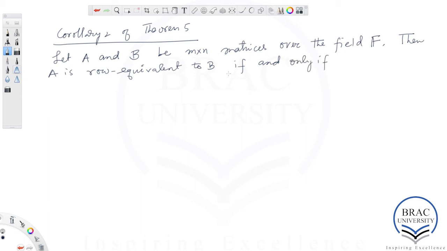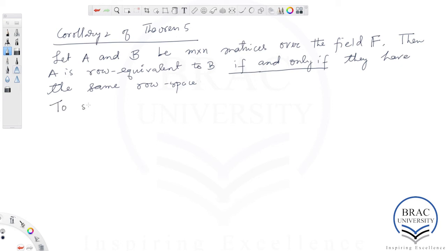Okay, it's a stronger statement than we had in theorem 4. It contains both the directions, like we said before. Okay, this is corollary 2. So I leave it as an exercise for you. You can look up the book by Hoffman and Kunze for the proof.